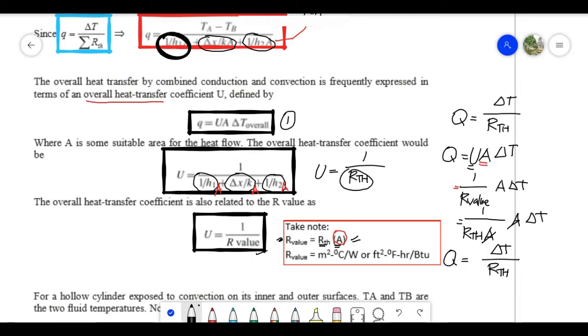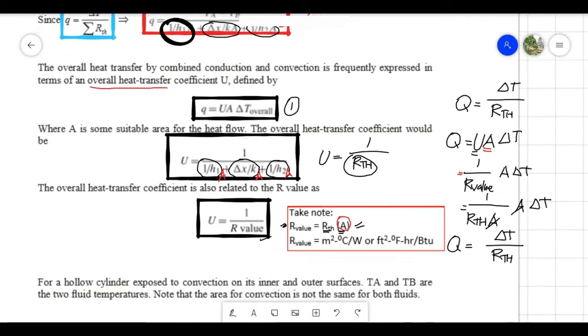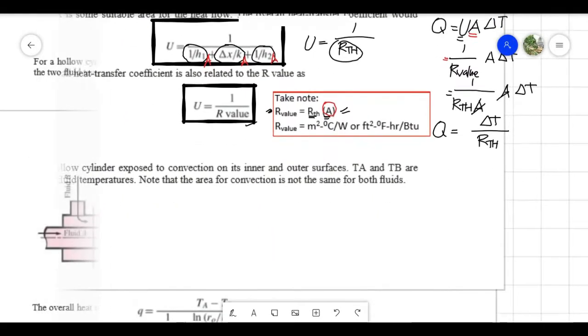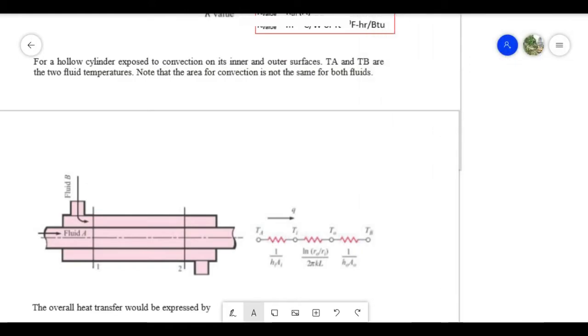Okay? So, next. Paano naman pag mga cylinders na po ang pinag-uusapan? So, now, let's consider in the case of cylinder.